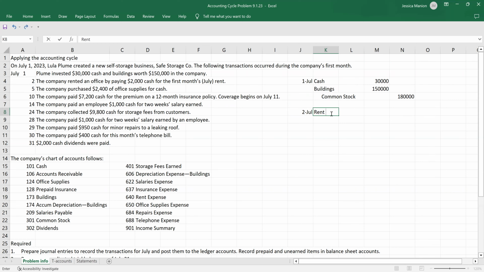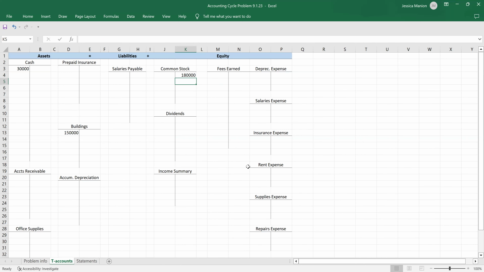So we're debiting rent expense, $2,000, crediting cash, $2,000. And again, just like if we were using accounting software, we'd click post and it would update our T account. So let's do that. We're going to debit rent expense, $2,000, credit cash, $2,000.